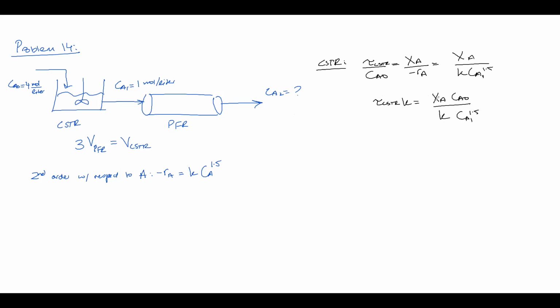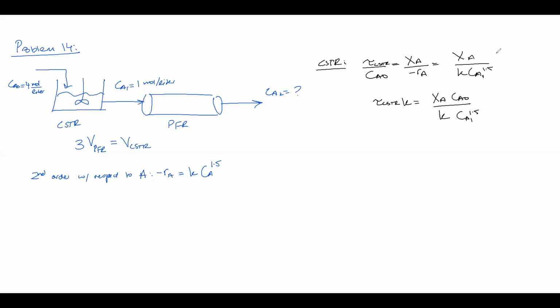So what's XA in this case? I have 4 going in, 1 coming out. XA is 0.75, right? You can always solve for it and get an expression, but we can solve for XA. So I have 4 moles going in, I have 3 moles reacting, so XA is 0.75.